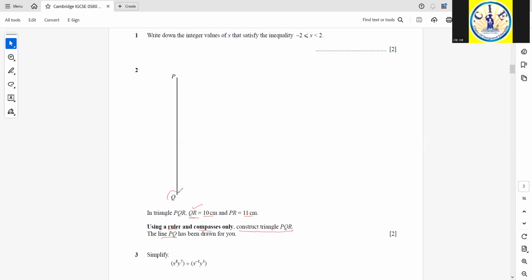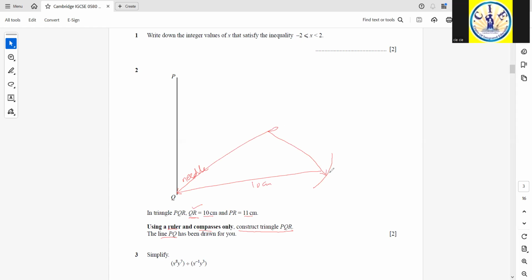It has one point to be Q and the other point has to be R at a distance of 10 centimeters from Q. So we need to use our compass. We place the needle of the compass here, and then we open that compass equal to 10 centimeters. So we are going to draw with the pencil an arc that has a radius of 10 centimeters.